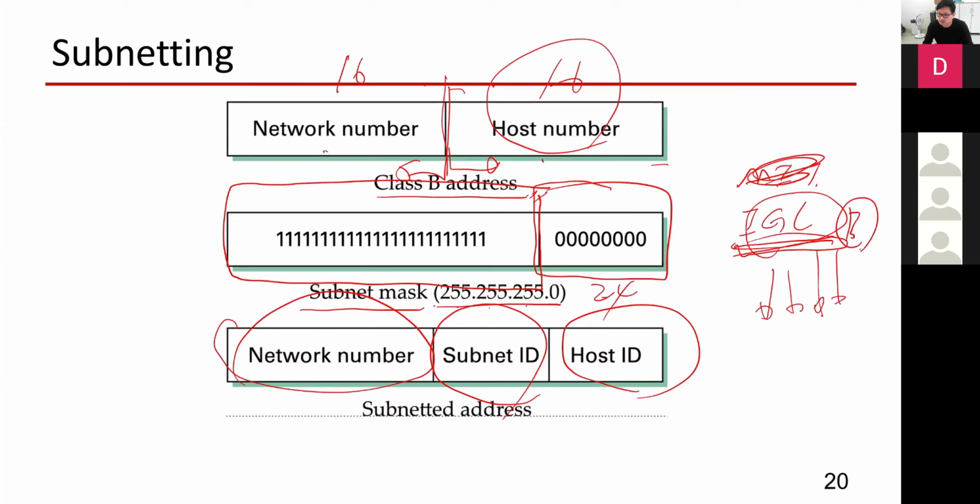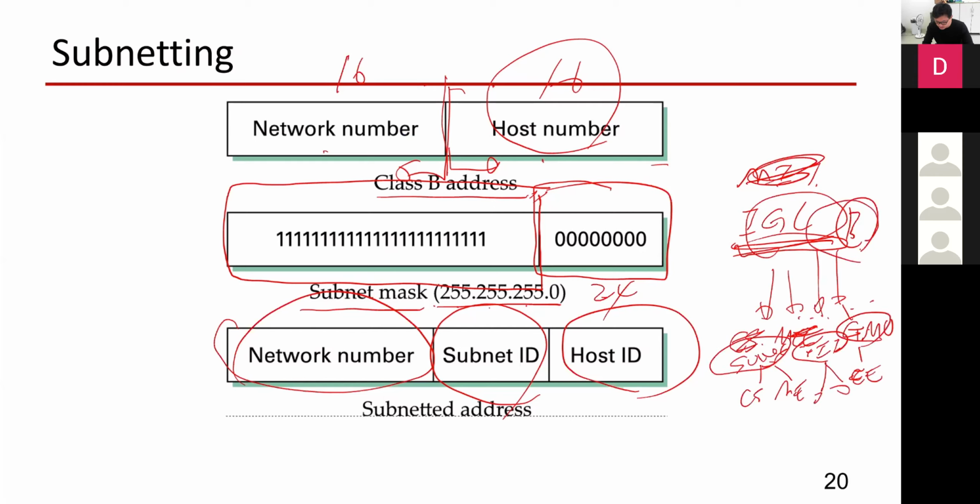If CS and mechanical, you have to do it like this: SUNY has a hierarchy for CS and a hierarchy for ME. Then they have 5 schools, FIT, and something. Then how can you represent these in the middle, even though I have class B? That's subnetting. So I make a subnet ID, and this is how authority is maintained.